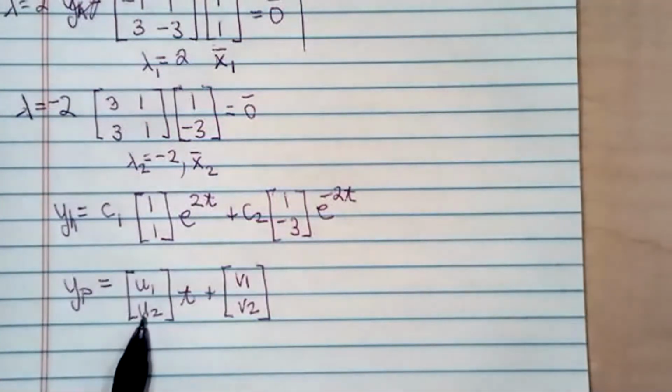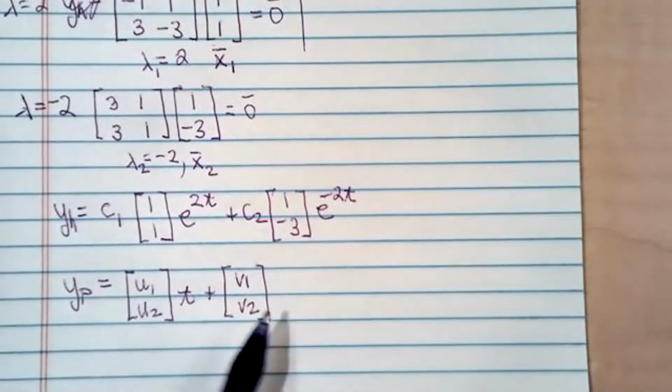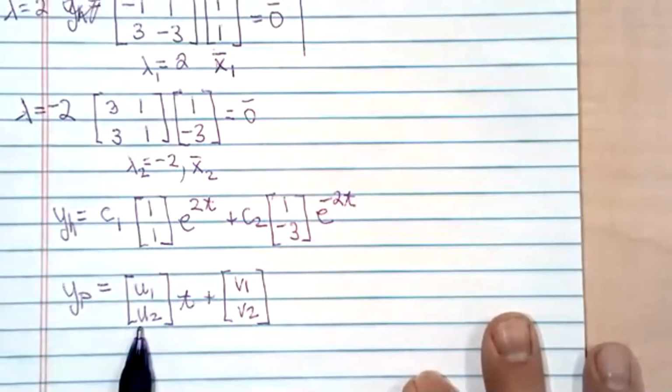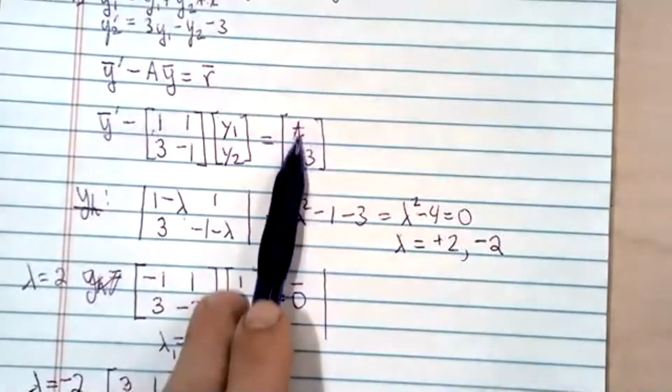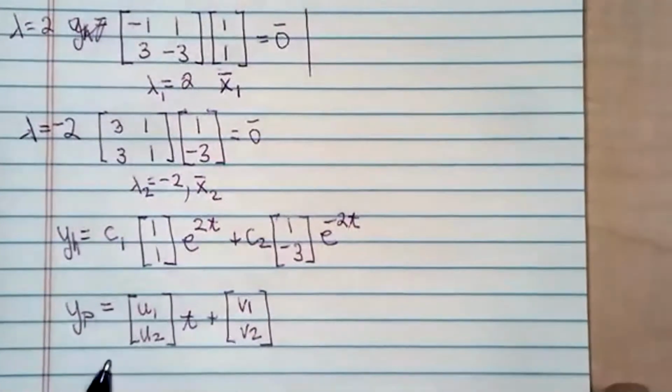Some constants in this vector times t plus just a constant vector here. So in other words, a first degree polynomial should be capable of producing first degree polynomial terms on the right-hand side. So we're going to take this form right here and simply plug it into the equation and solve for the unknowns.